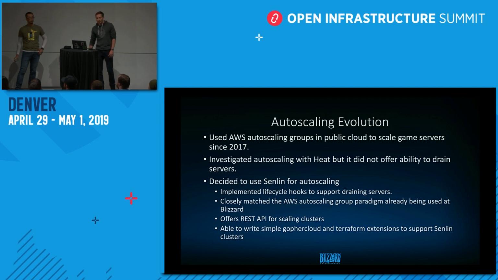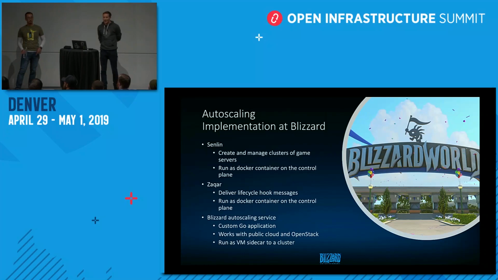So in the end, we decided to use Senlin for autoscaling. First off, when we implemented Senlin, we implemented lifecycle hooks to support draining the players off of the servers. And the Senlin API also closely matched AWS, and they also had the REST API for scaling clusters down and up. And we also implemented Gophercloud and Terraform extensions to support Senlin clusters.